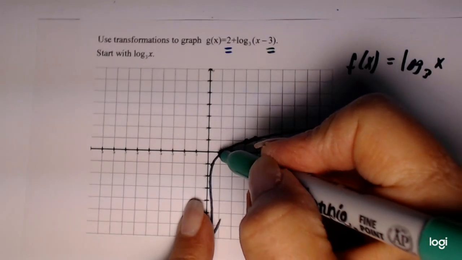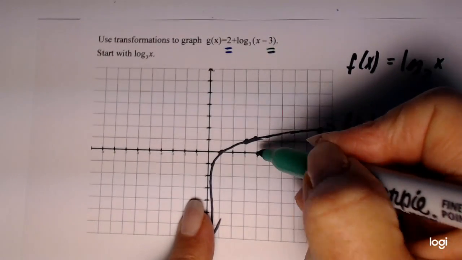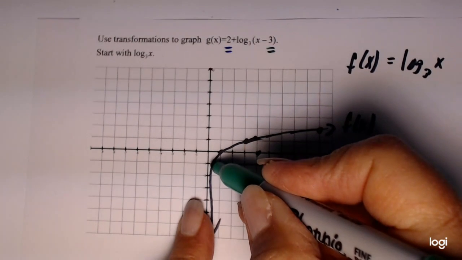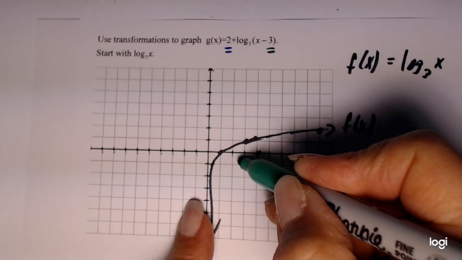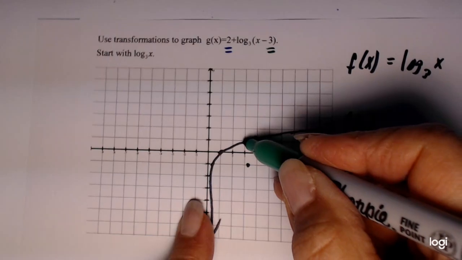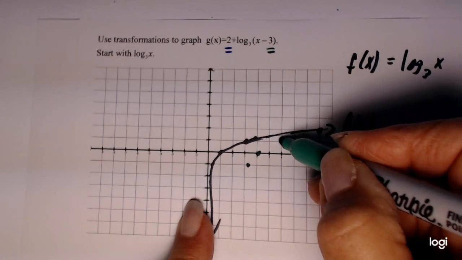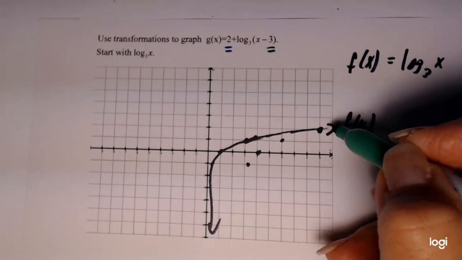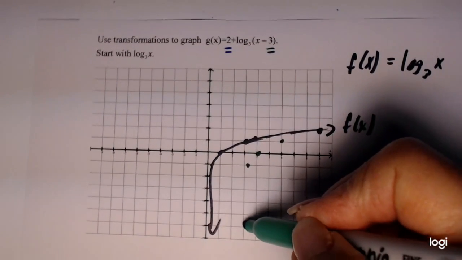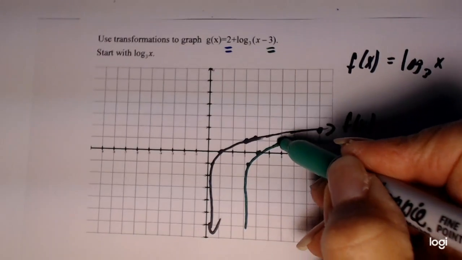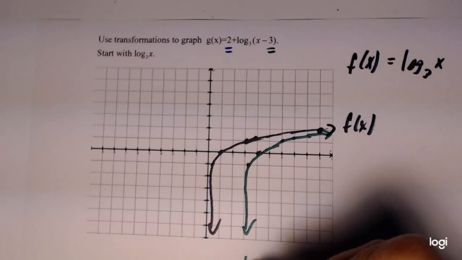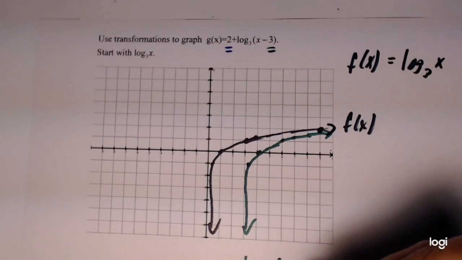So this point here, 1, 2, 3, sits here now. This 1/3, we have to estimate. 1, 2, 3, that's there. And now this point here, 1, 2, 3, would go off the graph, so I'm going to leave it. Connecting the dots, we have this now, which is log base 3 of (x minus 3).